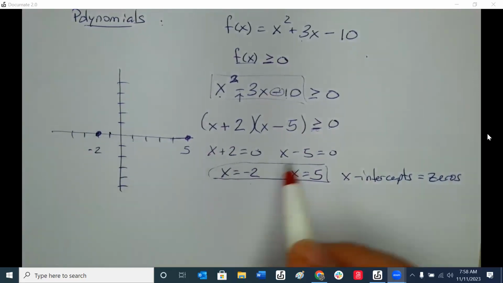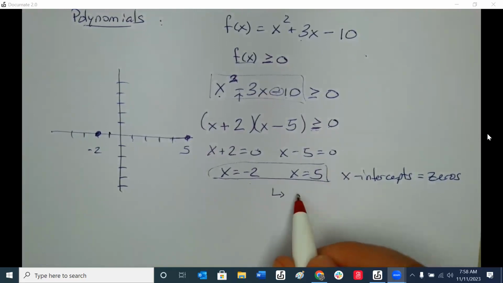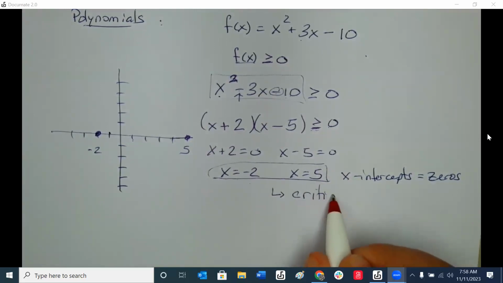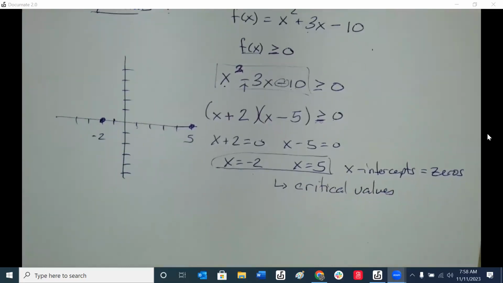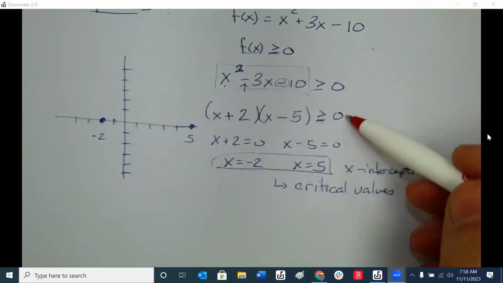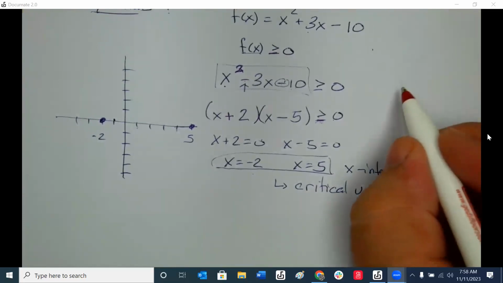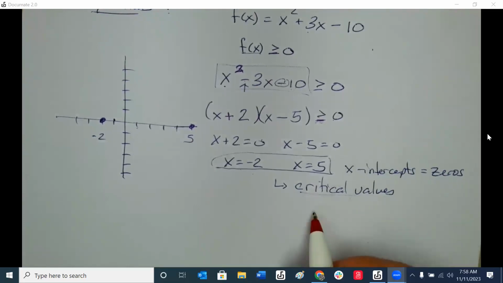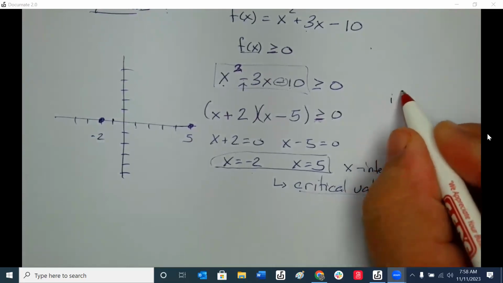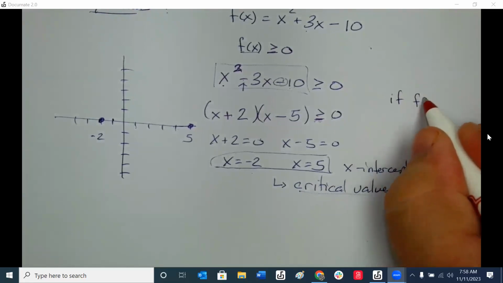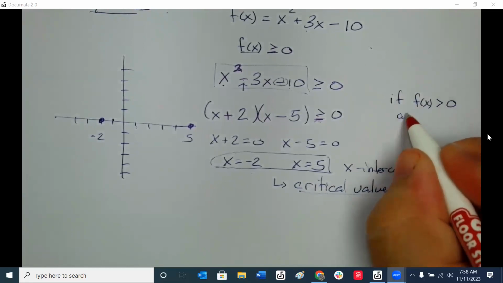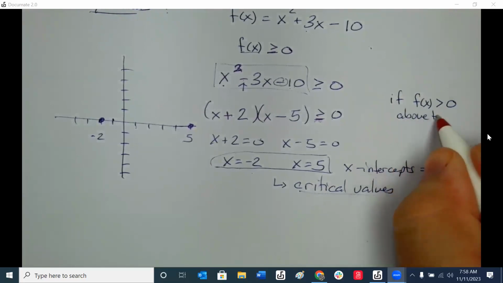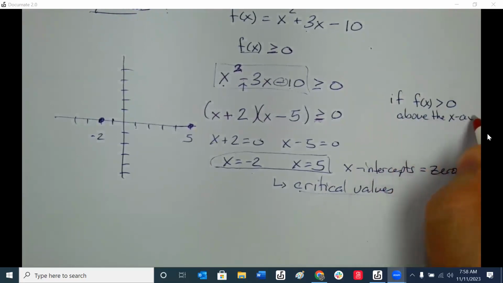These are now called our critical values. The reason they're called critical is because, once we set it equal to 0, what this looks for is, if f of x is greater than 0, that means it's above the x-axis.